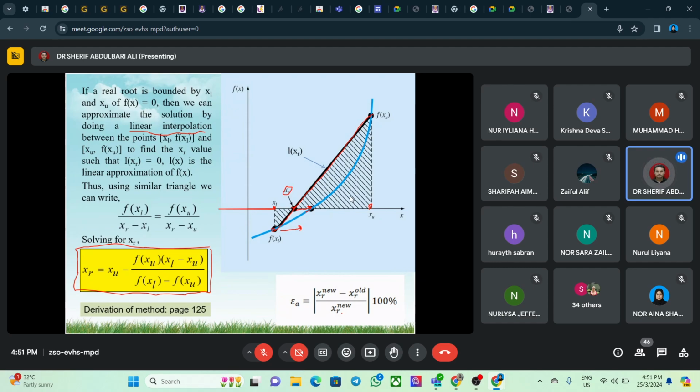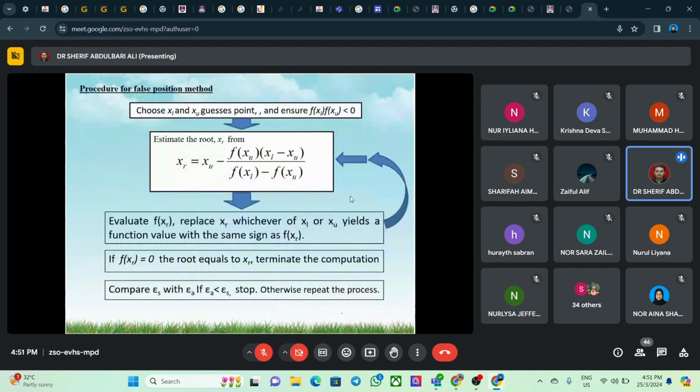So what's the procedure for solving the false position method? First, you choose the values of x lower and x upper, but actually these two values are going to be given to you. Then you calculate a new value of xr using these equations here.